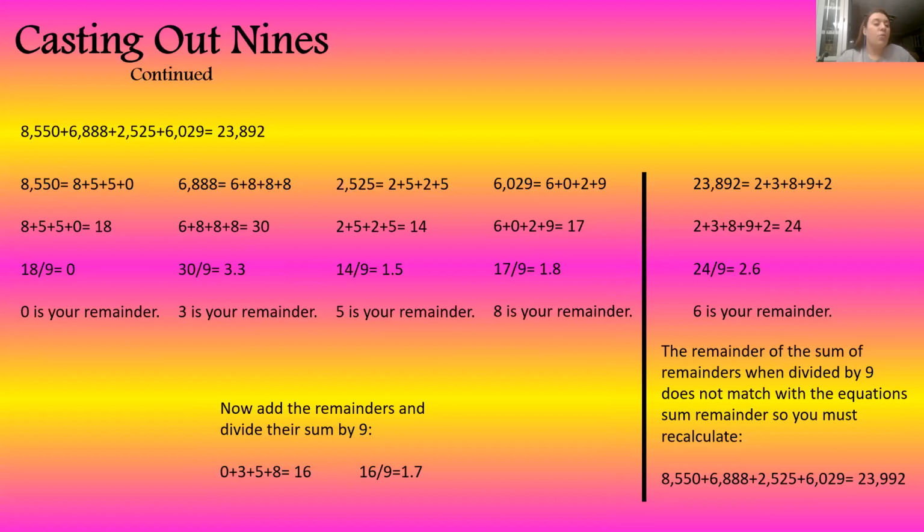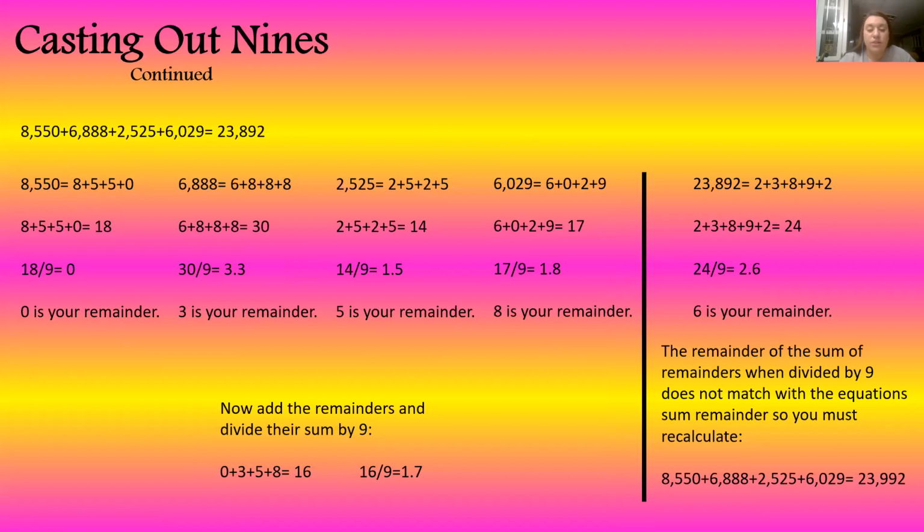So what we'll do is we do our 8,550, which when you add its numbers together, you get 18. 18 divided by 9 equals 2, but 0 is your remainder. You have a whole number, so 0 is your remainder, and then you'll do your 6,888, which gives you 30. When you do 30 divided by 9, you get 3.3, so 3 is your remainder.